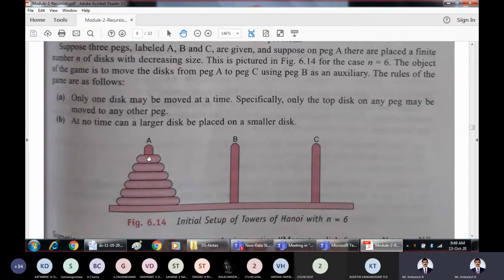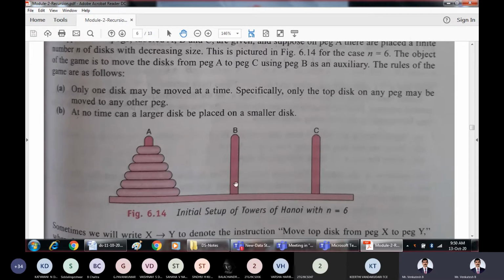That means you are allowed to pick only the topmost disk. You can take it and move it either here or here, wherever you want. But only one disk is allowed to be moved at a time, from whichever peg you want to whichever destination you want. That is one condition.